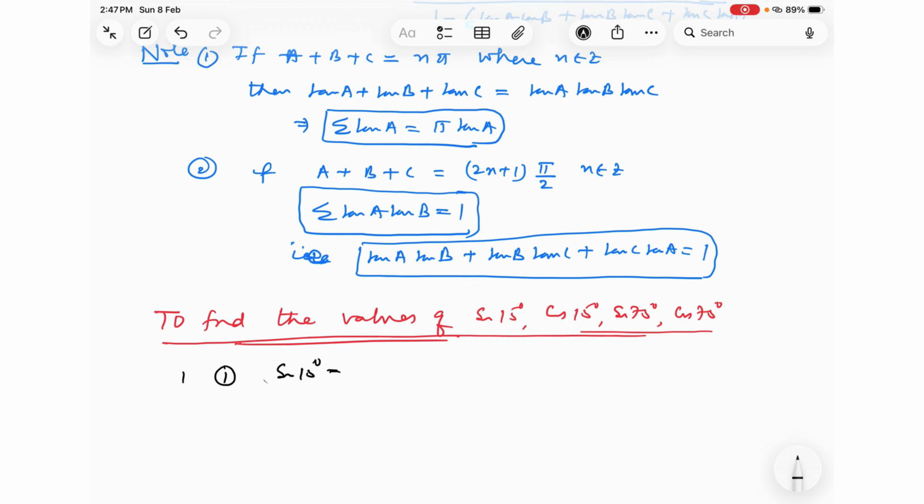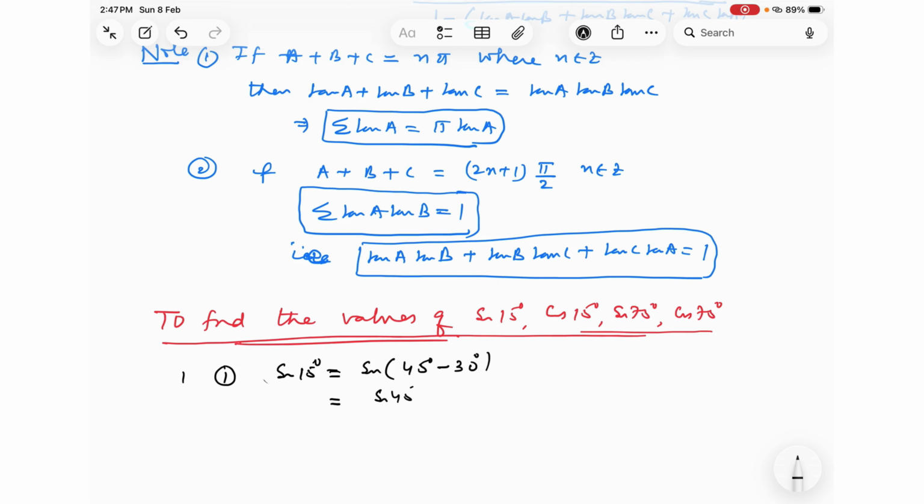How to calculate sine 15? Now we can write sine 15 degrees as sine of 45 degrees minus 30. It is in the form of sine a minus b formula. Sine of a minus b formula.